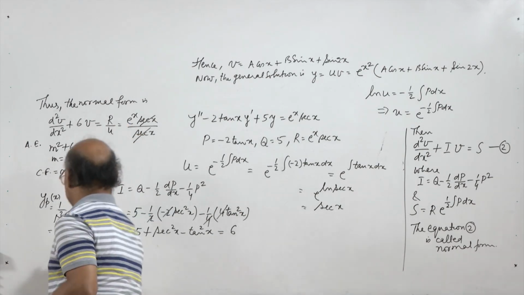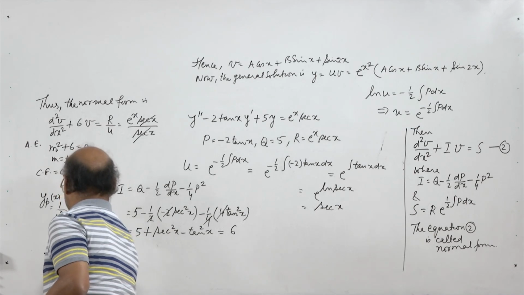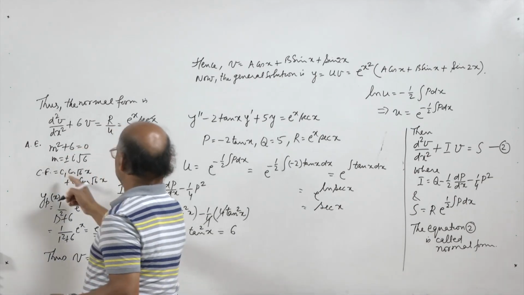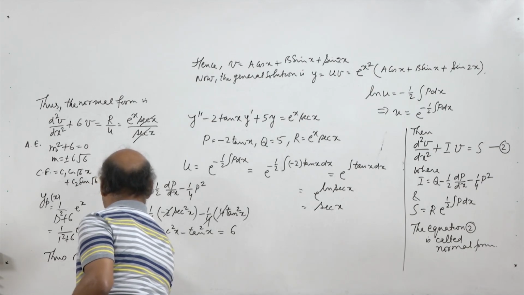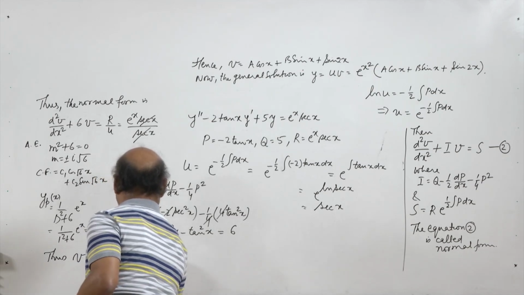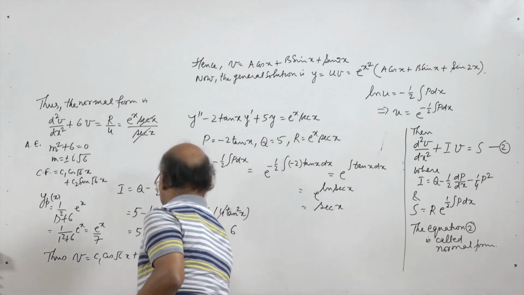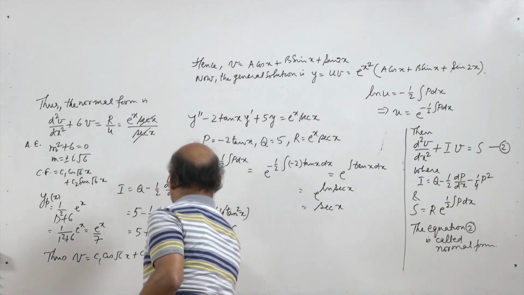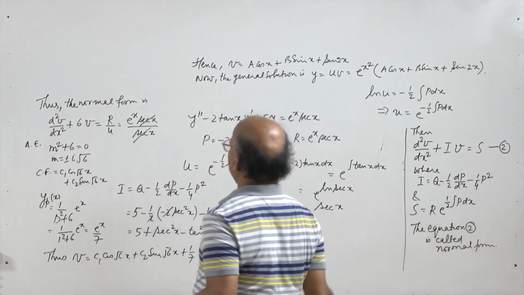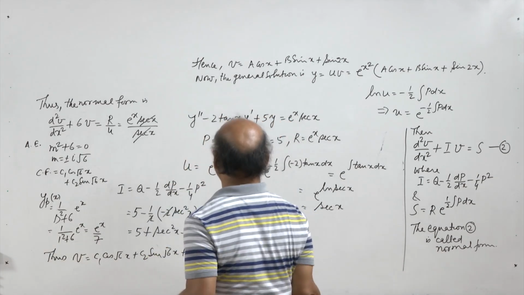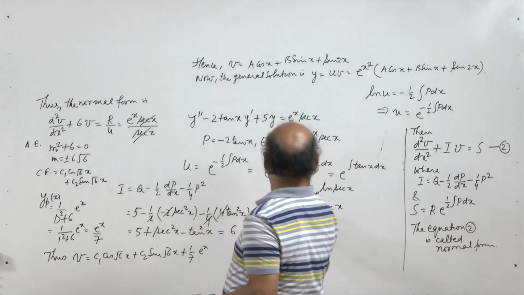Thus v equal to CF plus PI. So, C1 cos root 6 x plus C2 sin root 6 x plus 1 by 7 e to the power x. This is v, and we multiply it by u to get the general solution. u is sec x.